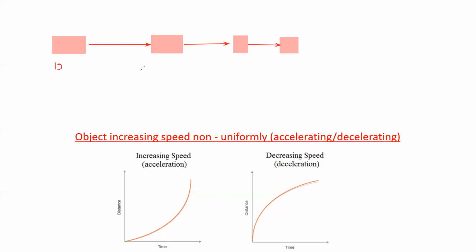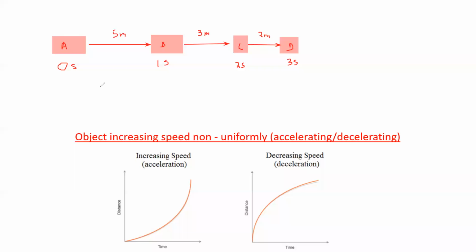At the beginning it's 0, then 1 second, 2 seconds, and 3 seconds. From position A to position B, it covered 5 meters, then it covered 3 meters, and then it covered 2 meters.